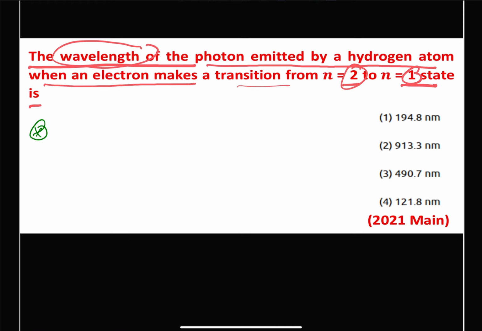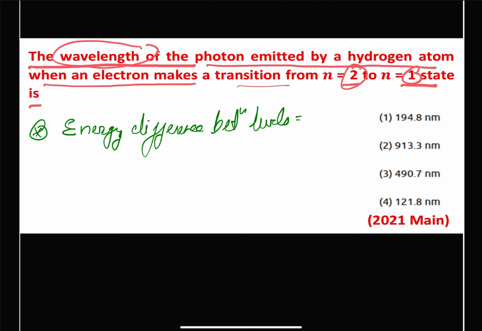So we can say energy difference between levels, and for that we are going to use the formula, that is E of n is equal to minus 13.6 upon n square.